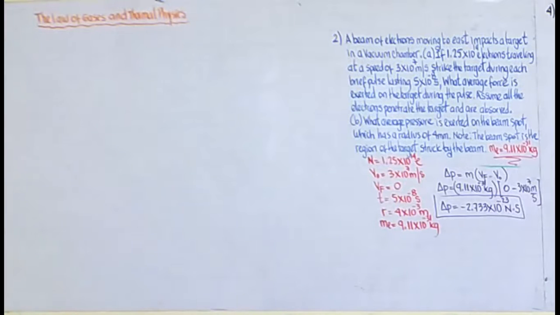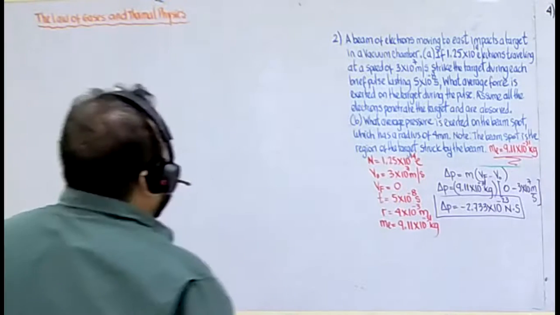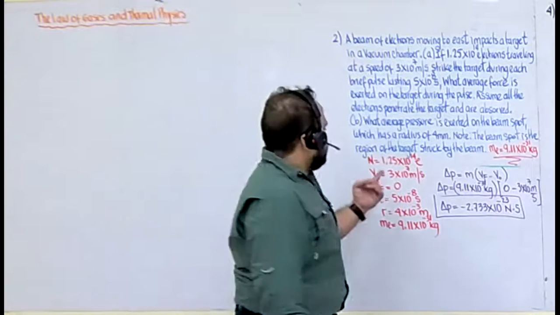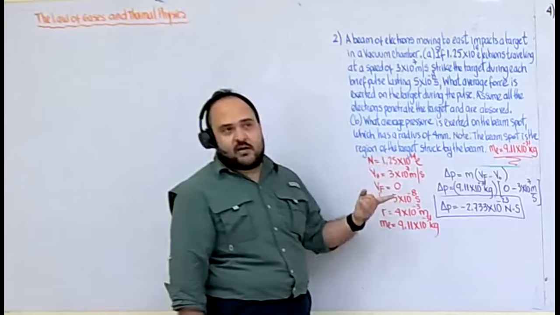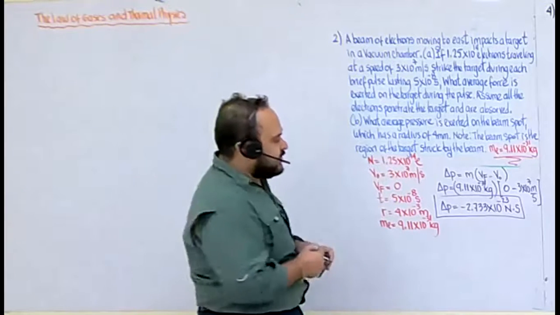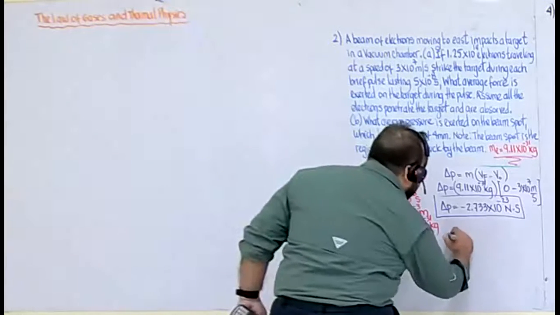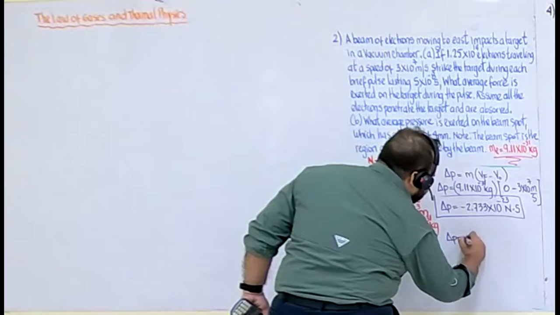But how many electrons do we have in this problem? We have 1.25 times 10 to the 14 power electrons. So I'm going to look for the total change of the impulse.